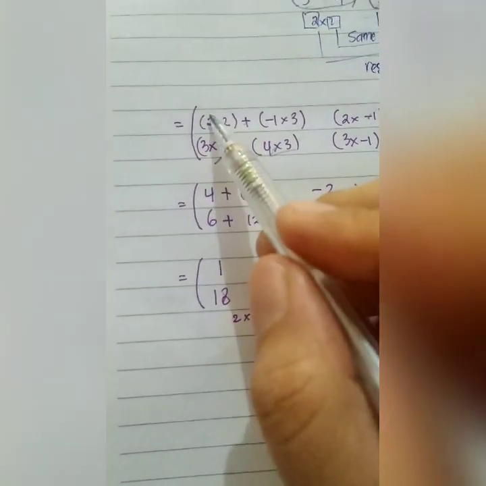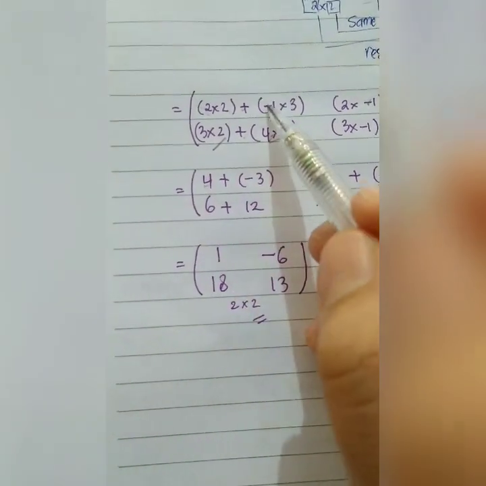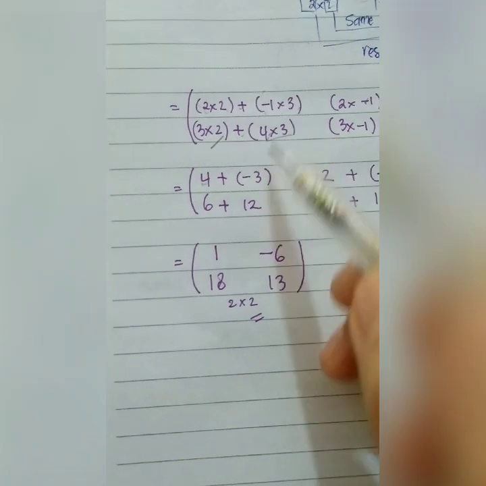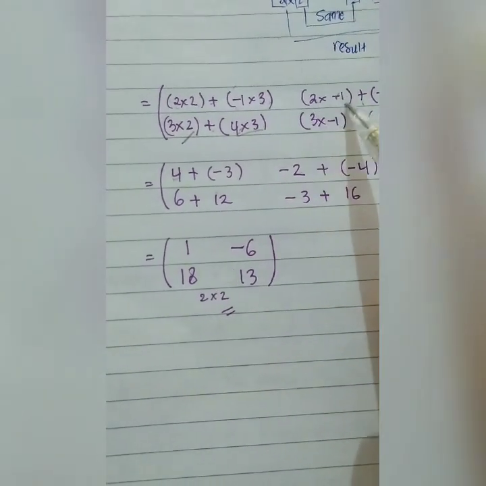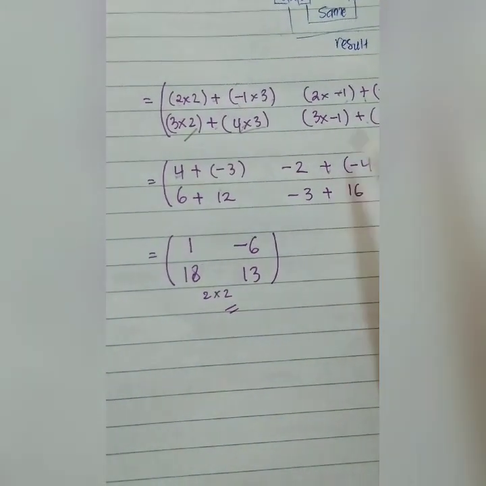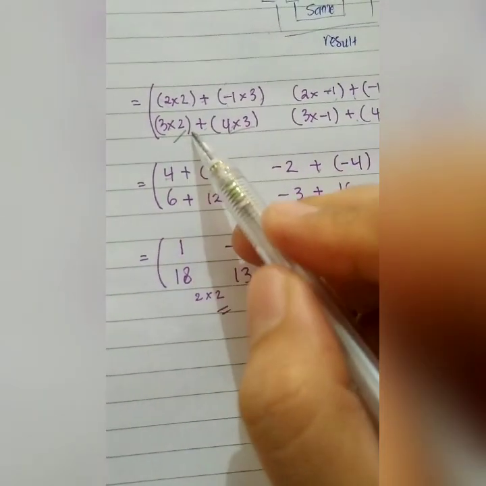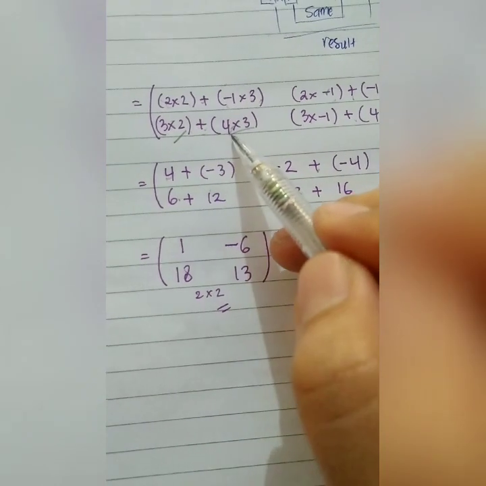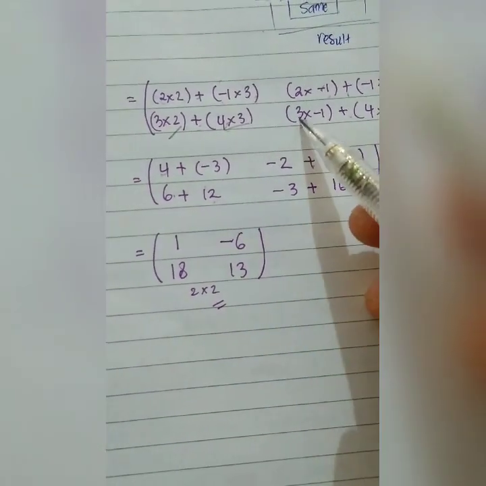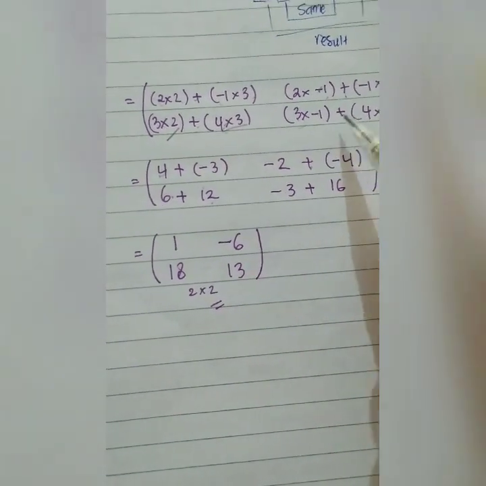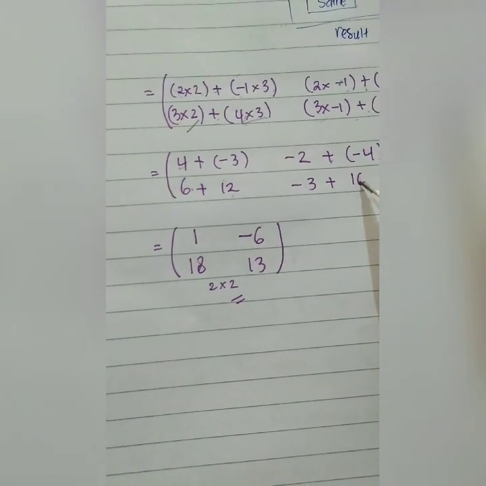Now let's fix it. 2 times 2 is 4 plus negative 1 times 3, negative 3. 2 times negative 1 is negative 2 plus negative 1 times 4 is negative 4. 3 times 2 is 6 plus 4 times 3 is 12. 3 times negative 1 is negative 3 plus 4 times 4 is 16.